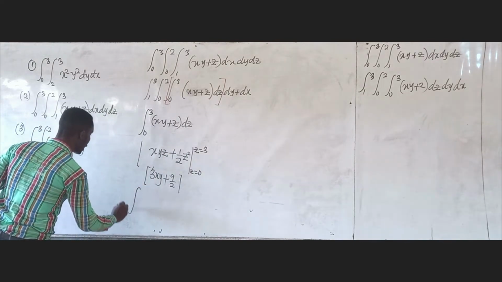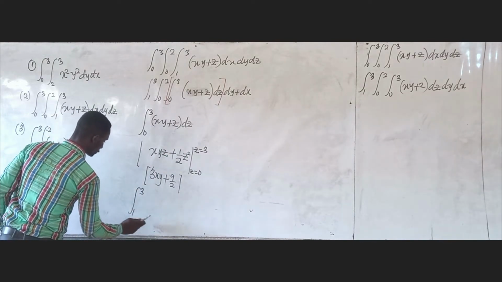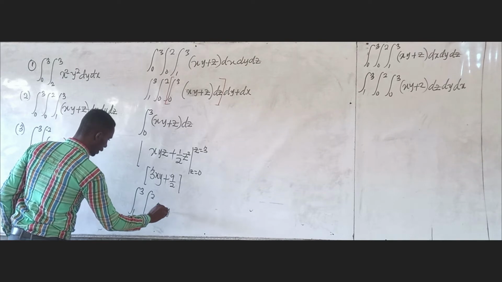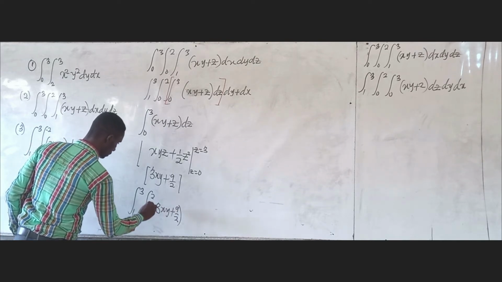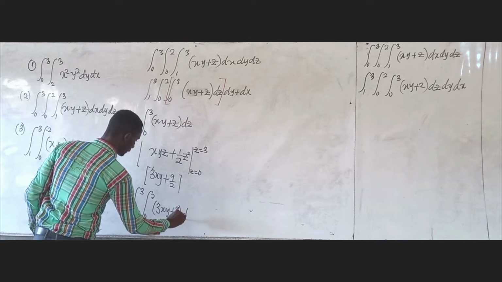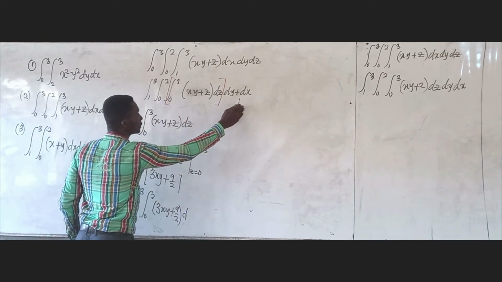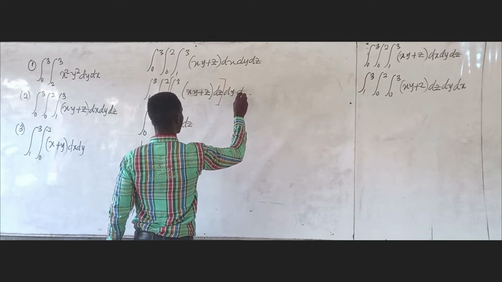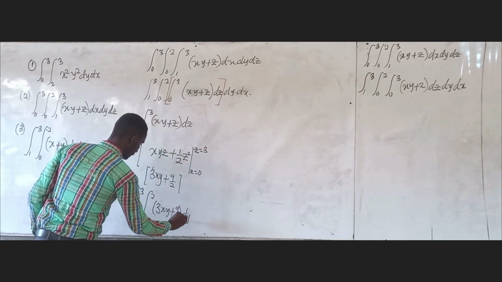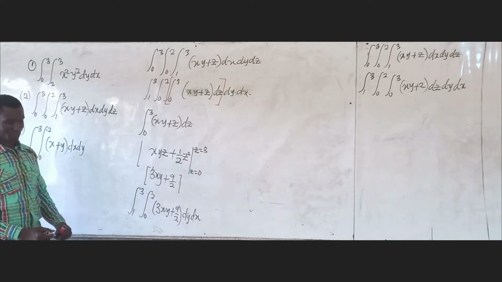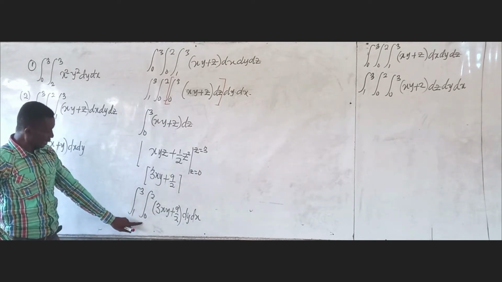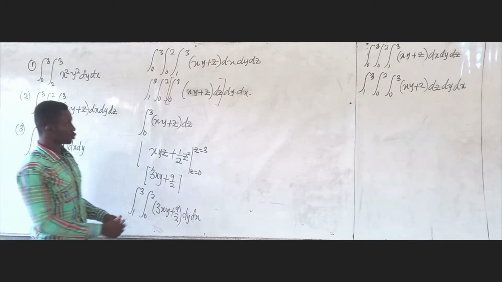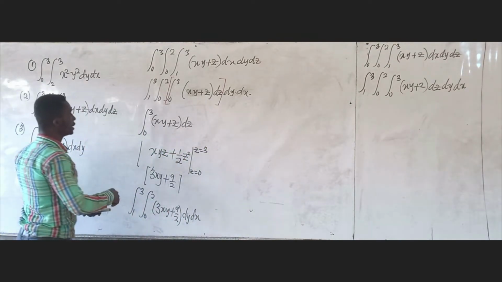That will take the place here, so it will be the integral 1 to 3, integral 0 to 2 of 3xy plus 9 over 2 dy dx. You see what happened to dz? Now I will integrate the integral 0 to 2 of 3xy plus 9 over 2 dy.